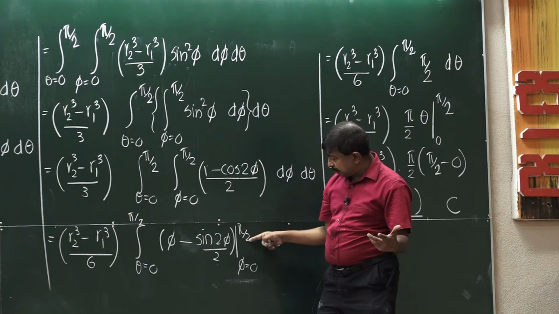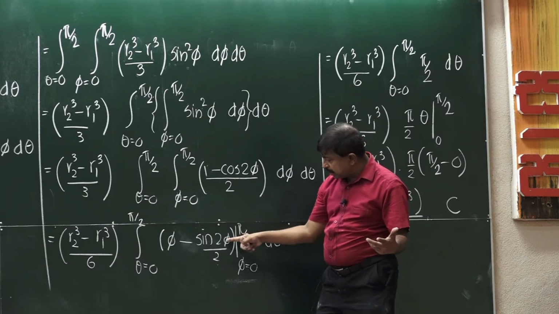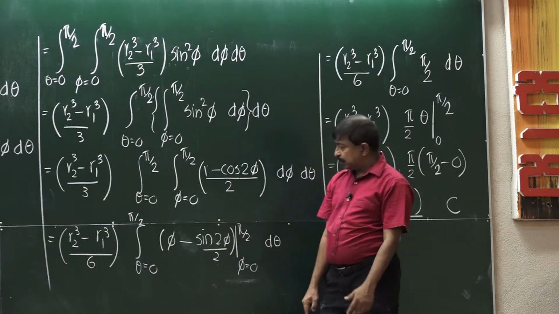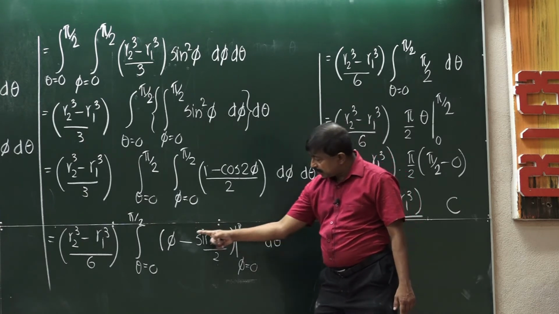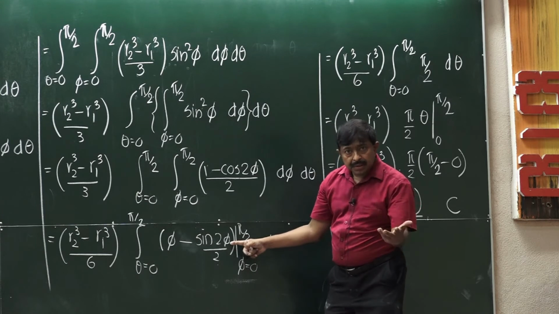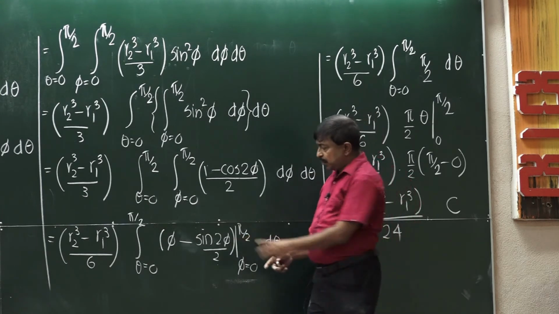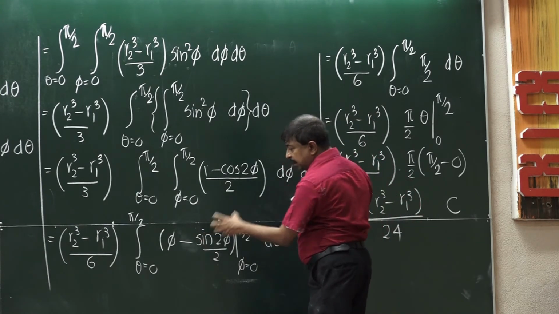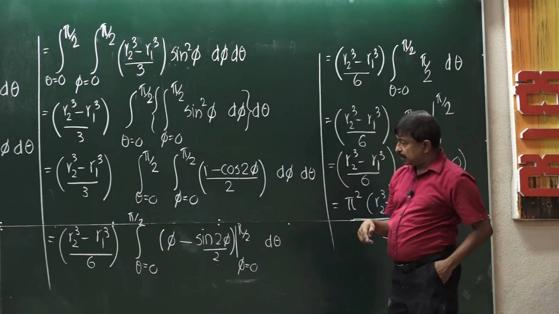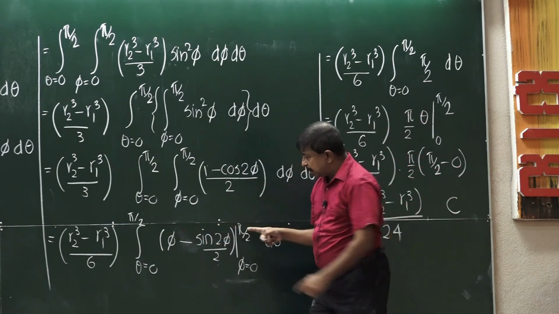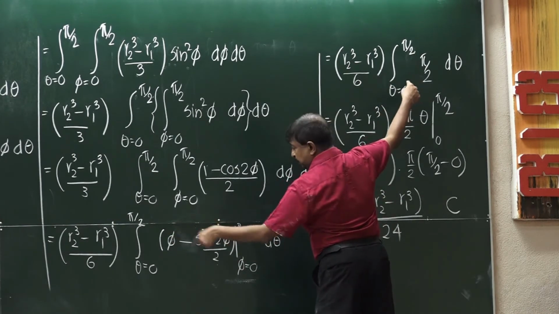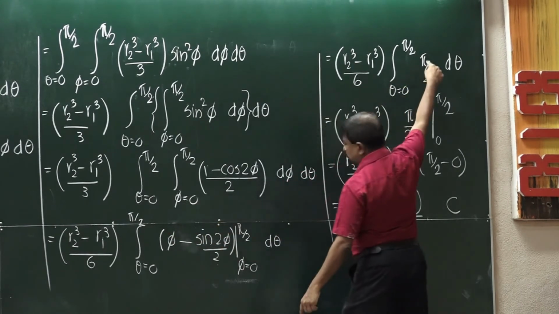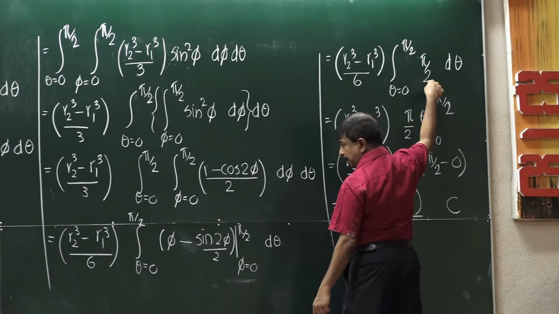Therefore, you get 0 for this one. Similarly, when you plug in 0 in this expression, again you will get 0. Therefore, this will not produce any useful result here. Therefore, when you plug in the limits, you get pi by 2 minus 0. So, once you deal with these limits, you will end up with pi by 2.